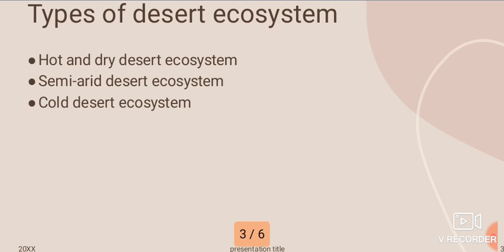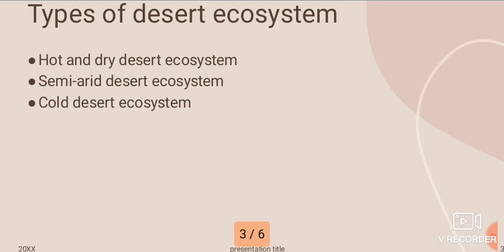Hot and dry desert ecosystem has a hot and dry climatic region and has very low annual rainfall, which means the climate of hot and dry desert ecosystem is just hot and dry. It is found in Central Africa, Southern Asia, and North America.